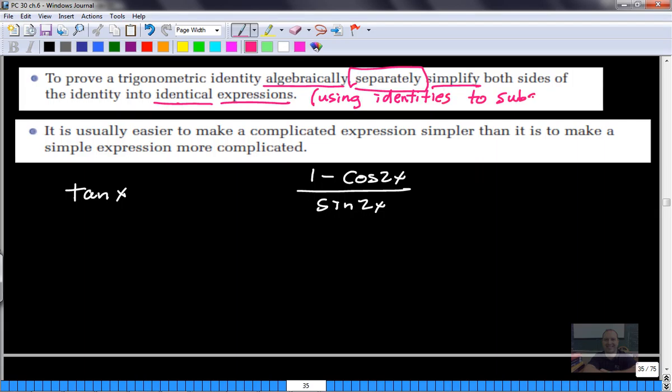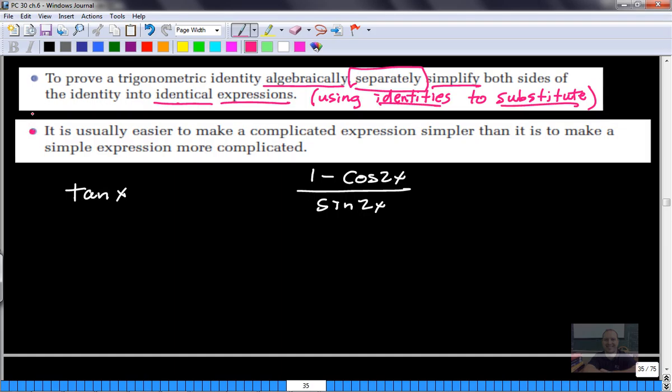And in this last section, I was helping you with some questions there before. That's exactly what we're doing, right? You're taking a look at something and you're saying, hey, can I rewrite that in a different way in order to manipulate this whole side? So we're using identities to substitute.